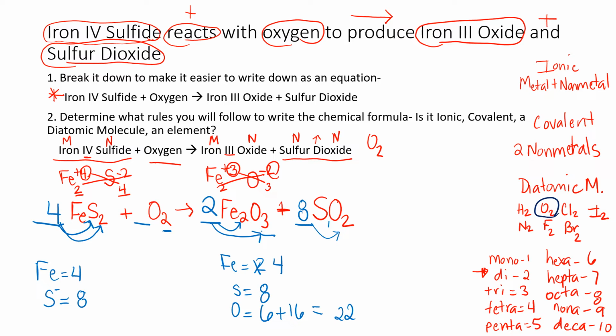All right, if I look over here, oxygen, I only have 2. But here's a great thing about it. I can multiply it by something to make it 22. So if I put an 11, that gives me 22. Now if you check everything in this equation, you're going to notice that it's balanced. So my coefficients will be 4, 11, 2, and 8.